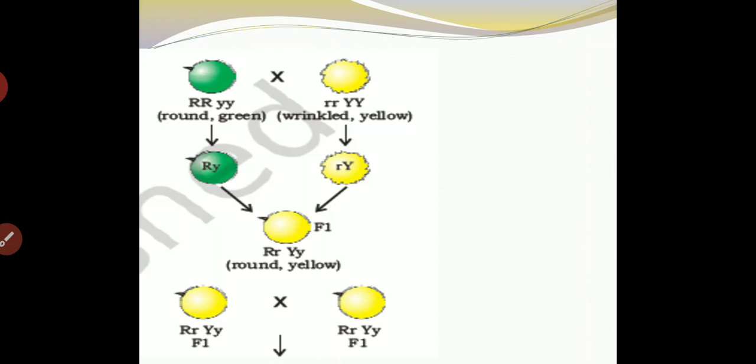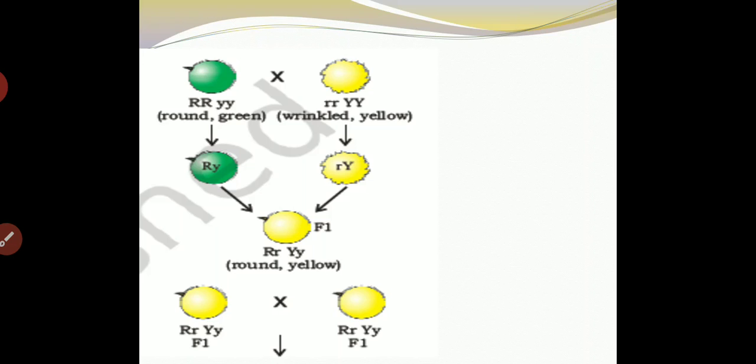So it will be round and yellow. Further on, if capital Y is there, which is one of the important traits, then it will be yellow in color.